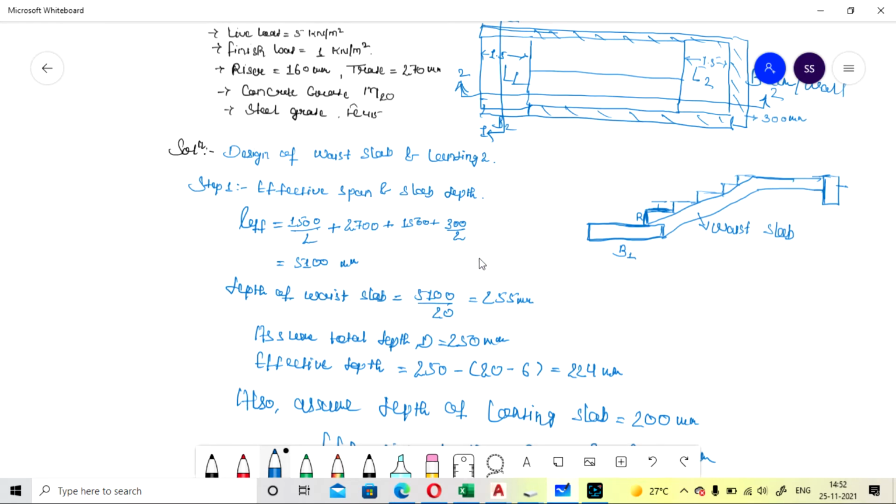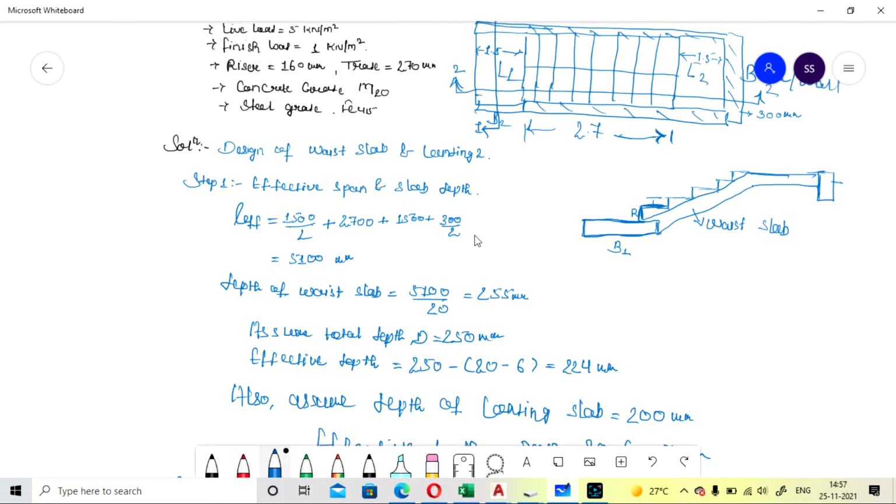The formula for that is 1500 plus 2700, this 2.7 meter being the length of the flight. This value is given to you, or you can find it by the riser and by the height of your floor level. So this value is present for the design consideration.